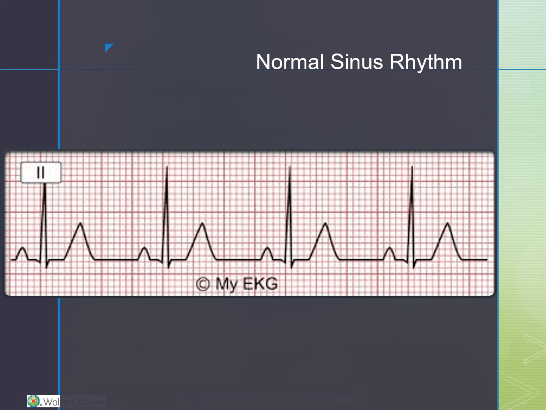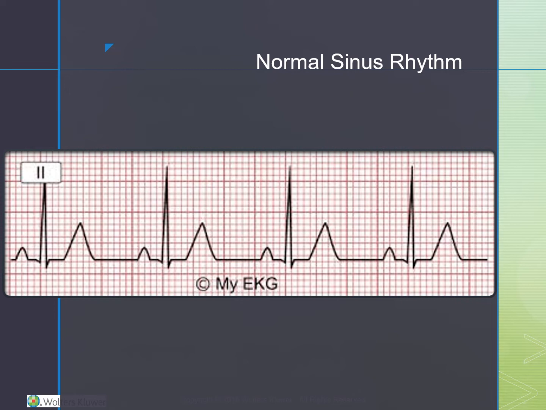Again, the SA node initiates the impulse. That impulse will then travel to the AV node within 0.12 to 0.2 seconds, and the ventricles will then depolarize in hopefully 0.1 seconds or lower. That impulse occurs regularly.